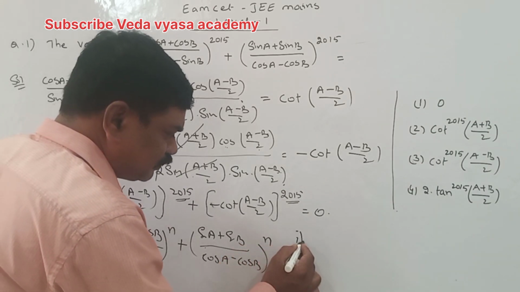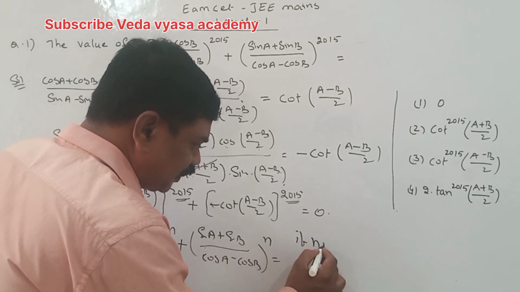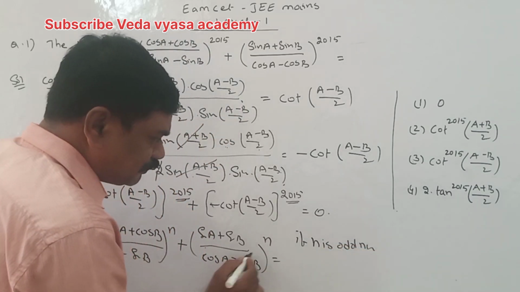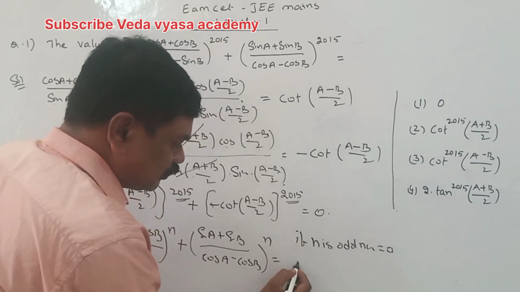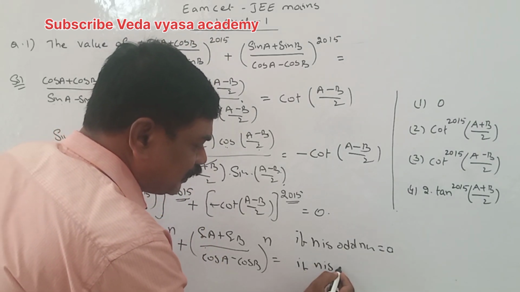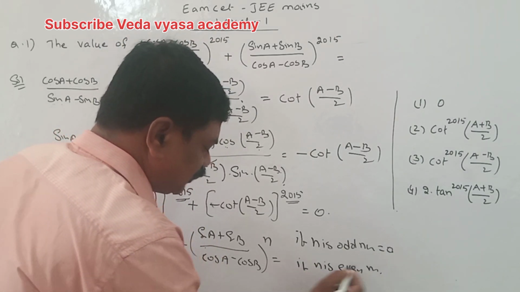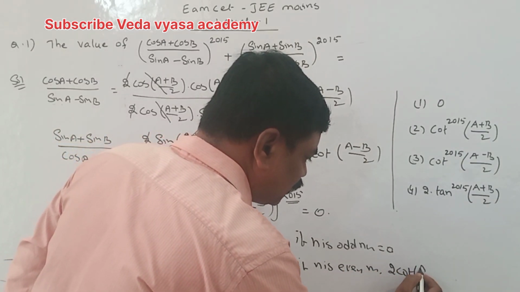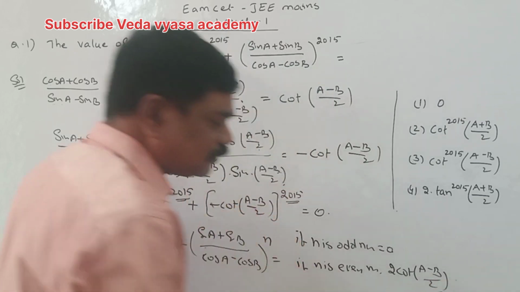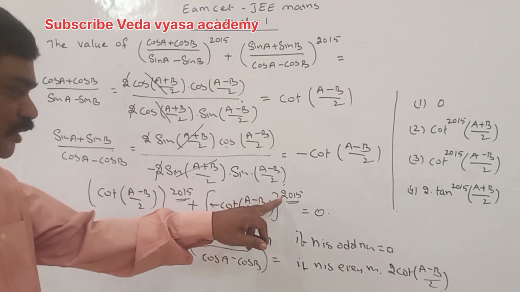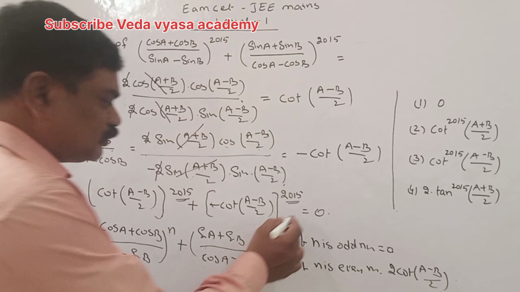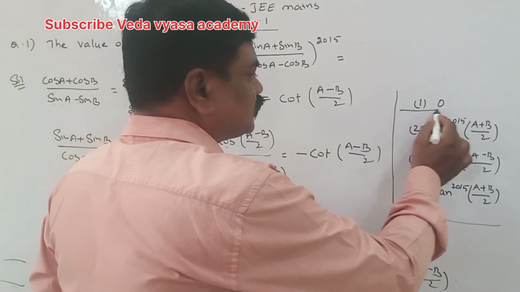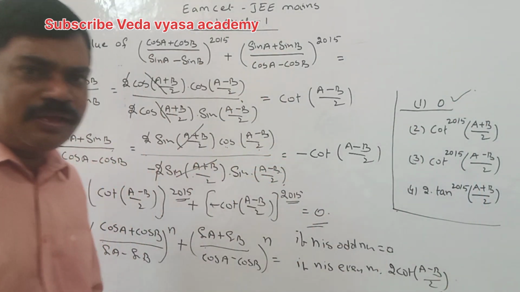If n is an odd number, then this value is equal to 0. If n is an even number, this value is 2 into cot of (A-B)/2. But here the given number is odd, so this first option, 1, is the answer.